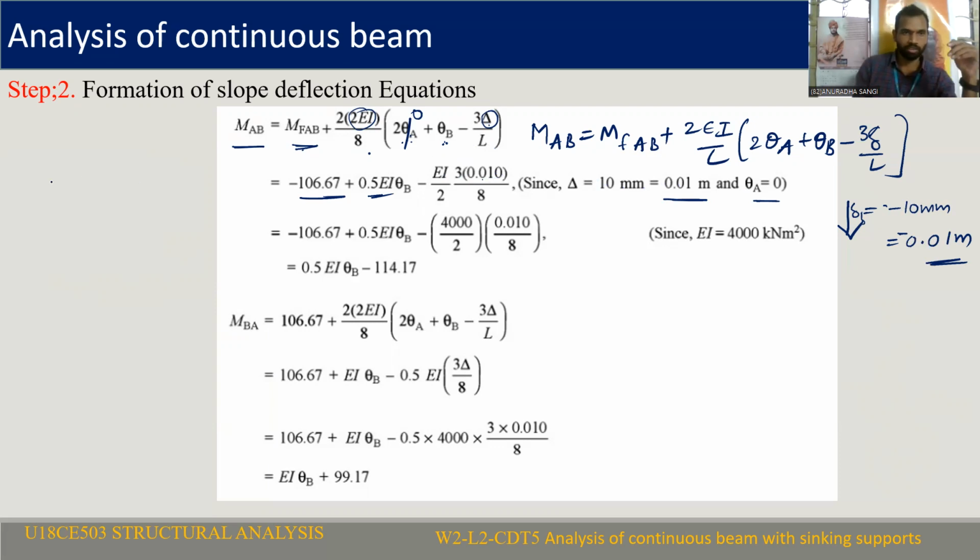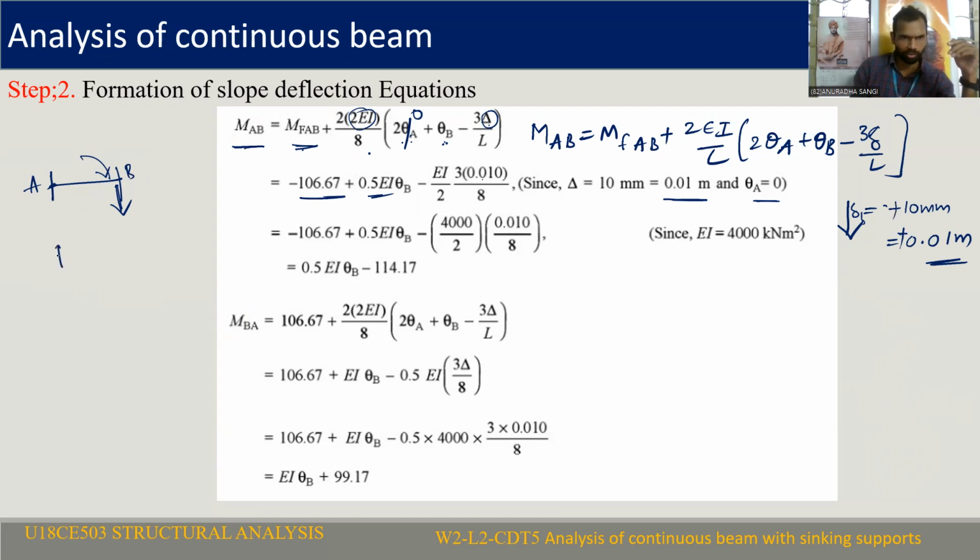With respect to AB, the support is settling down, which is producing clockwise effect. So this will be considered positive. So for the AB span, we need to consider delta positive.